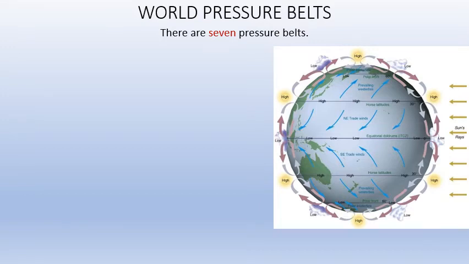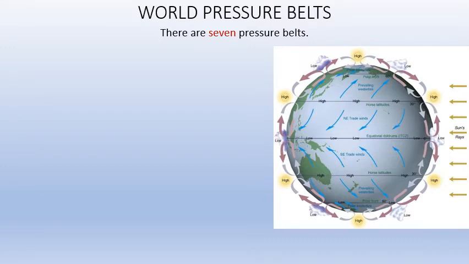Now you have to understand that wherever there is low pressure, there is high temperature and it is receiving wind. Wherever there is high pressure, it means it is having cold temperature, it is giving wind. So if you look at the North Pole, the Tropic of Cancer, the Tropic of Capricorn and the South Pole, all these regions are giving wind.